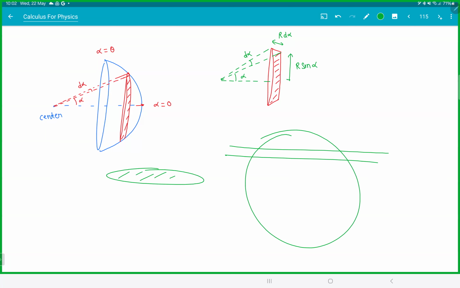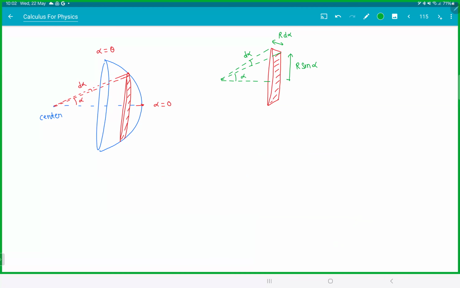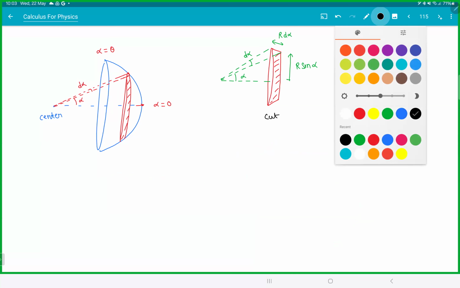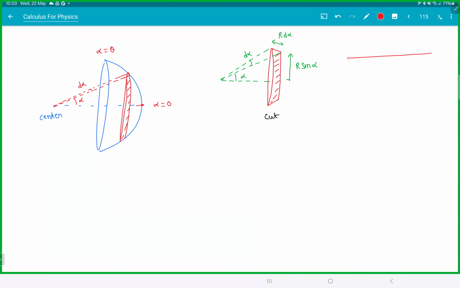Take a watermelon, slice it horizontally, you'll get a disc. Remove everything in the middle, the red part. What is left is a green band. Make sense? Now take a scissor, cut it. The moment you cut it, you will get a rectangle whose length is the circumference, 2 pi r sine alpha. Remember the radius is r sine alpha and the width is r d alpha.